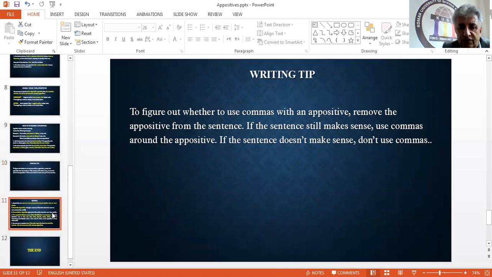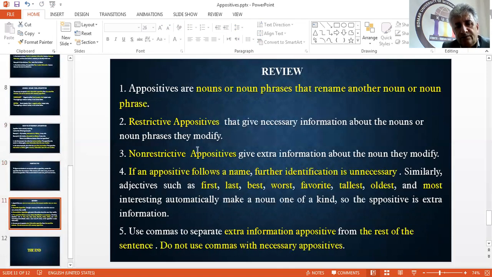And now let's review what we have studied. Appositives are nouns or noun phrases that rename another noun or noun phrase. Restrictive appositives give necessary information about the nouns or noun phrases they modify. Non-restrictive appositives give extra information about the noun they modify.